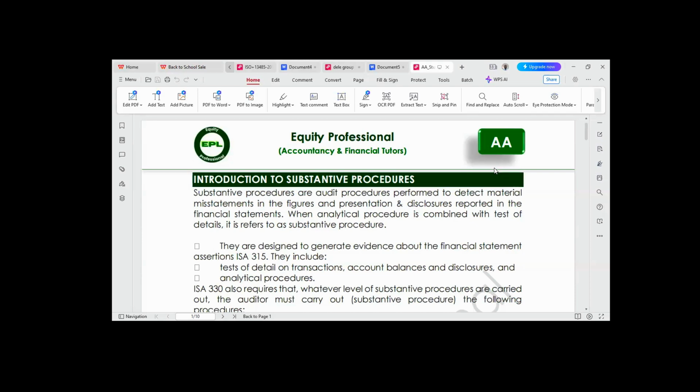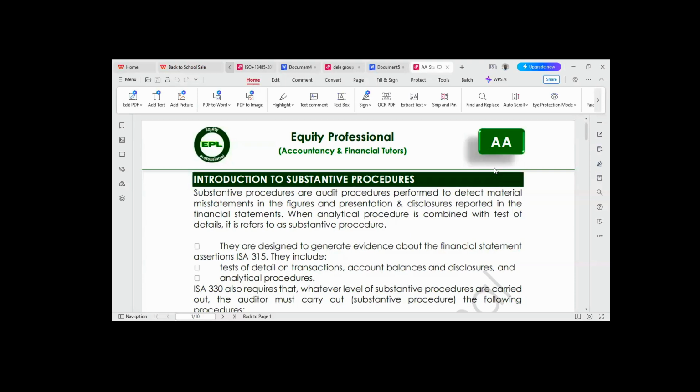I said that that has changed for now. Now what we have is called test of controls and test of detailed transaction. All right. Now, the test of control, we looked at last week. Today we are looking at the other side of it, which we call the substantive procedure.